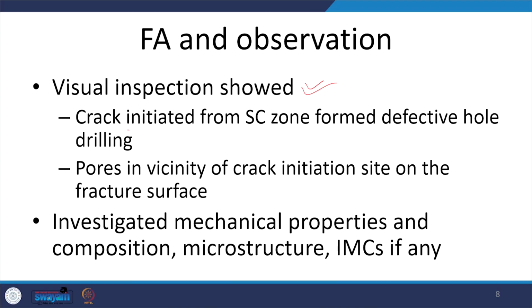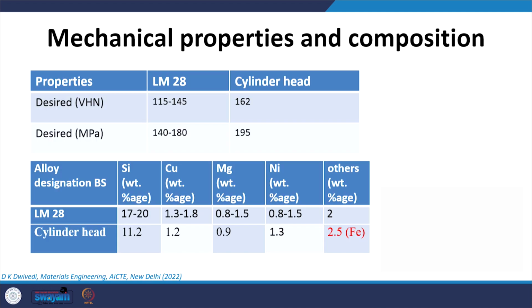The crack initiated from a high stress area formed due to a defective hole created by drilling, and pores were observed near the fracture surface and the crack initiation site. These were the two observations from the visual inspection. In addition, mechanical properties, composition, microstructure and other IMC studies were carried out, if any, which might promote the cracking of the cylinder head.